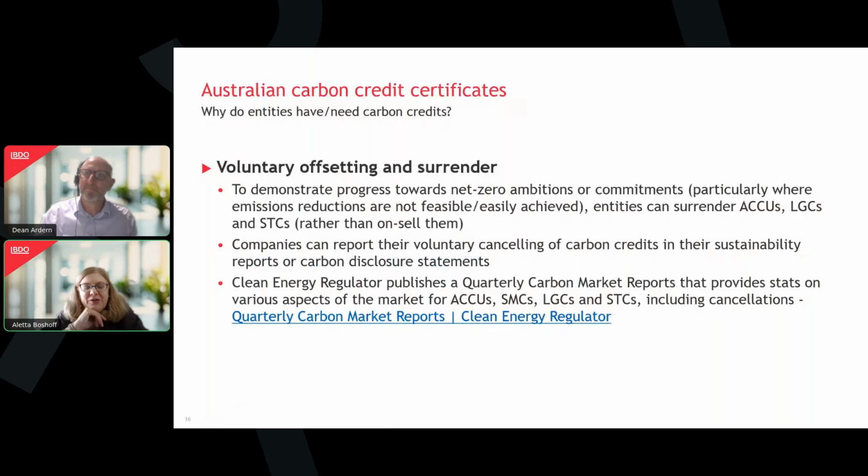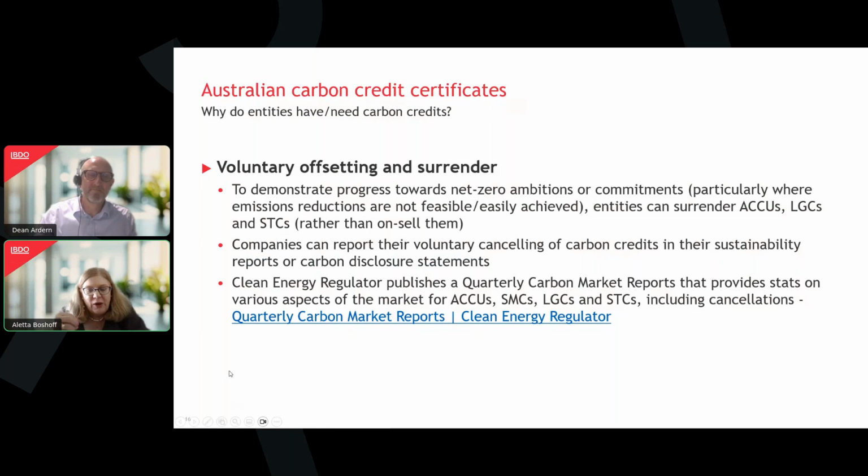If you look at that second bullet point, the round bullet point, companies can report their voluntary cancelling of carbon credits in their sustainability reports or their disclosure statements. It has happened, and people have asked me, if I've generated through my activities these carbon credits or certificates, I want to put it in my sustainability report to show that I've done this and to reduce my carbon footprint.